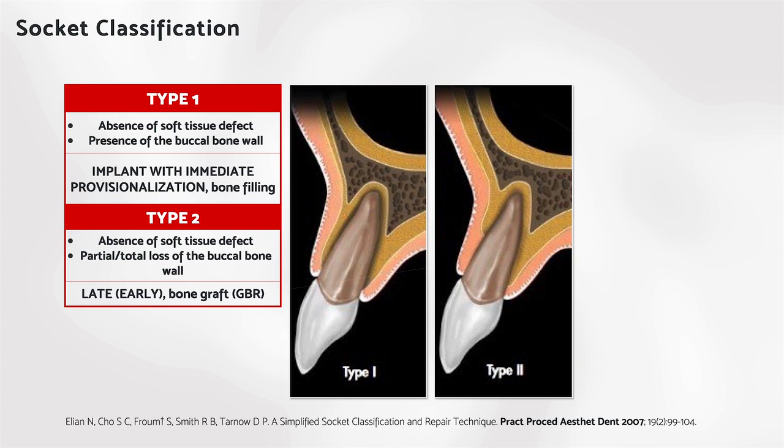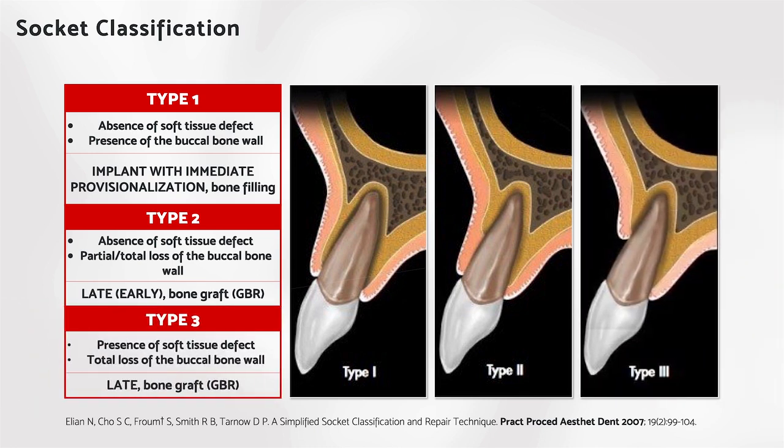Type 2 socket, the absence of soft tissue defect, and the presence of partial or total loss of the buccal bone wall. They recommend late or early implantation using bone graft to restore the defect, GBR procedures in combination with membranes.